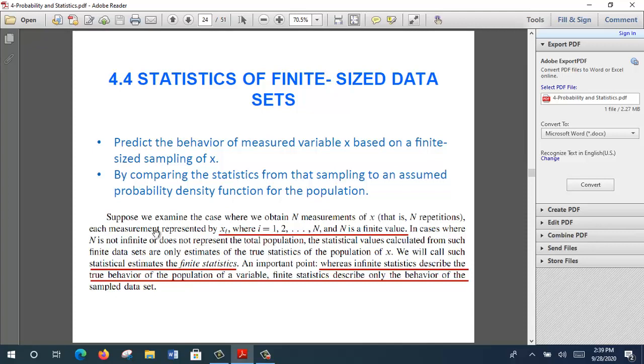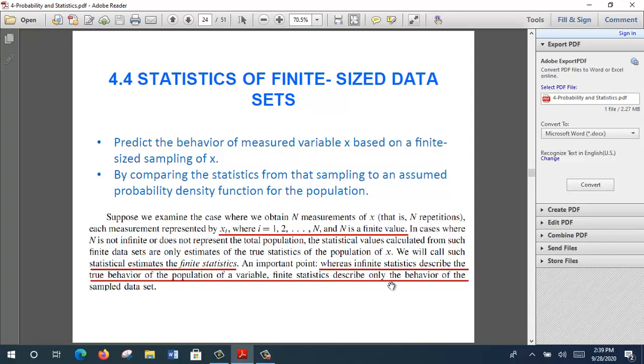Suppose we examine the case where we obtain n measurements of x, where each measurement is represented by xi, with i equal to 1, 2, until n.